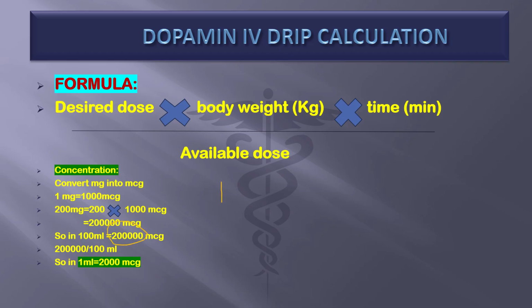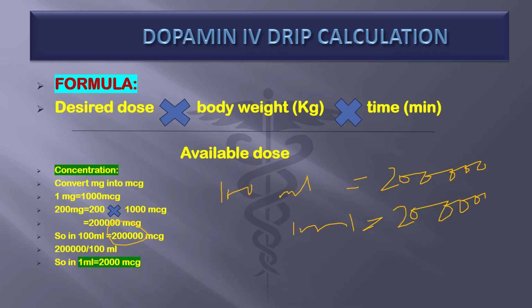So per ml will be how much? 100 ml is 200,000. So 1 ml is, you divide this whole thing by 100, which will give you 2000 microgram. This is your available dose that is with you. So each ml contains 2000 microgram.